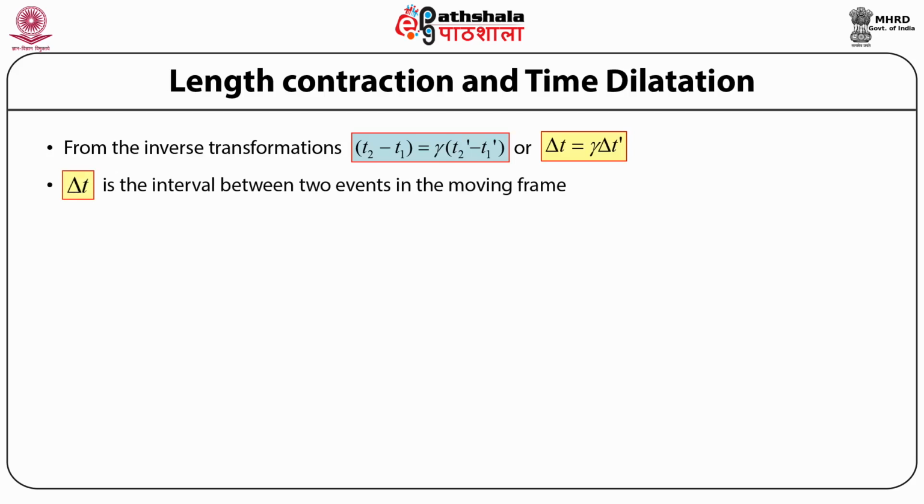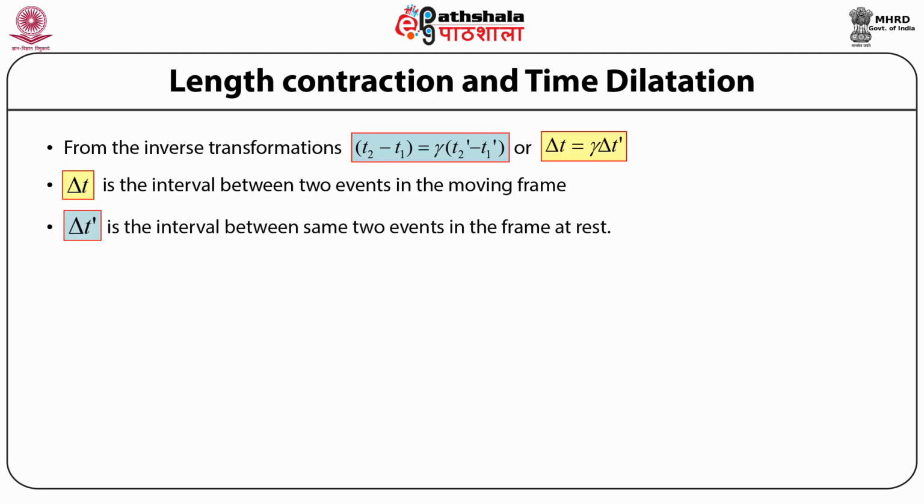Here delta t is the time interval between two events in the moving frame, and delta t prime is the time interval between the same two events in the rest frame of reference, that is the frame of reference in which the events are at rest.